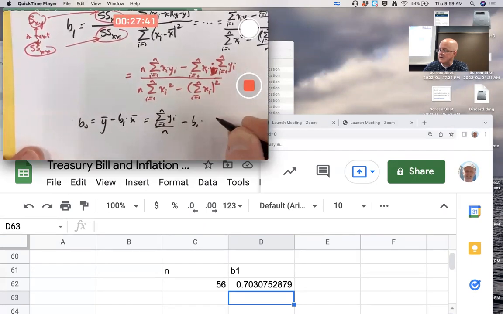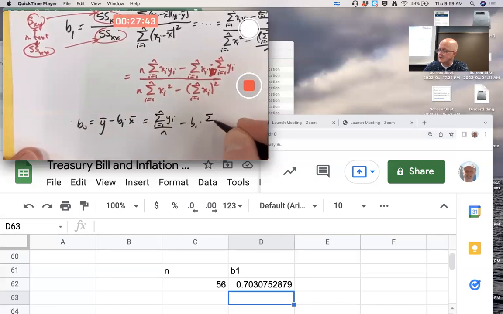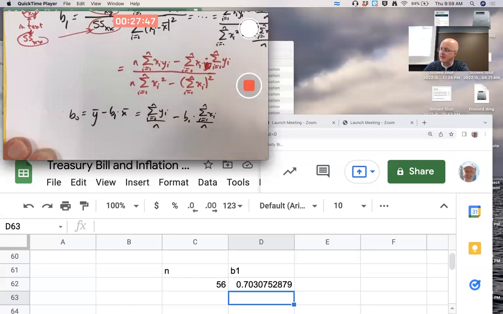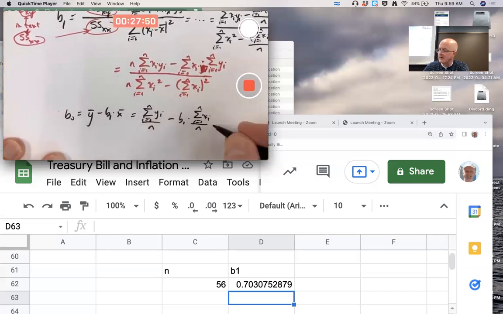And x bar is the sum of the x's divided by n. And then you could combine those fractions to say it's a fraction whose numerator is the sum of the y's minus b1 times the sum of the x's, all divided by n.